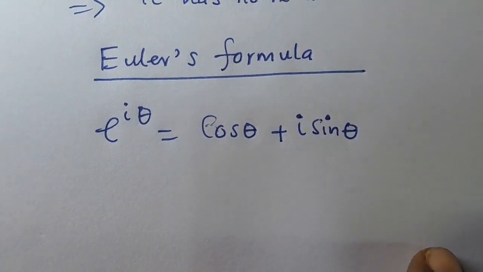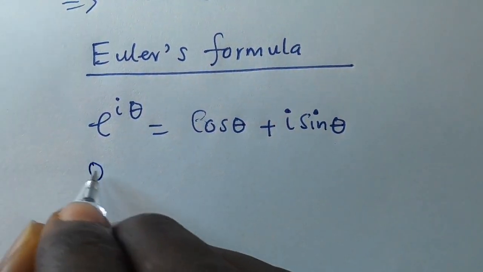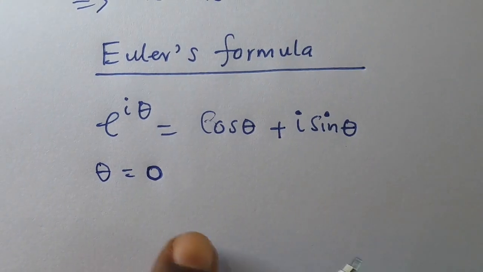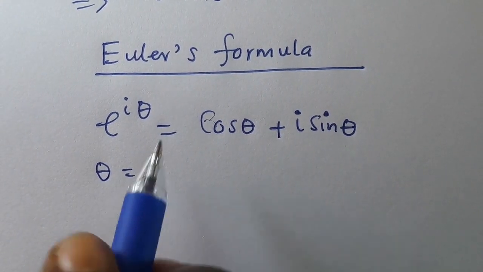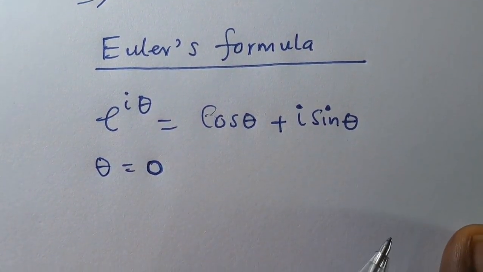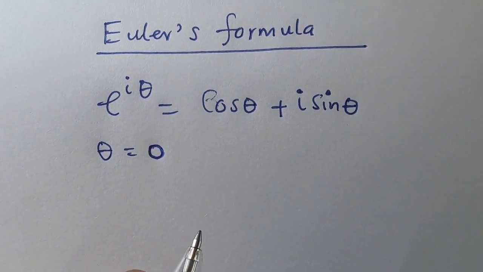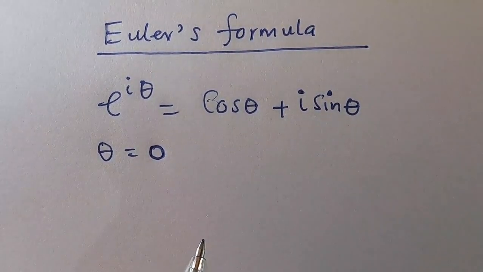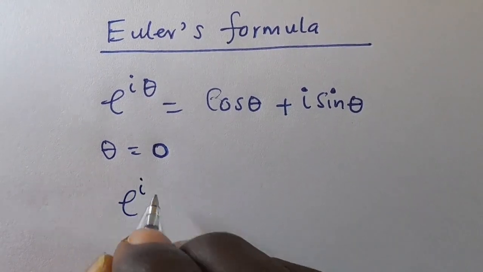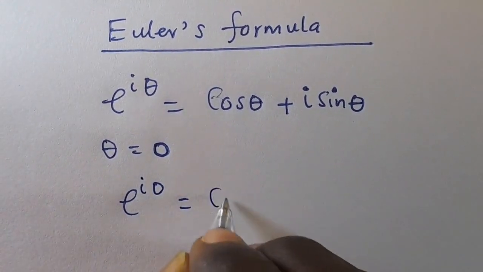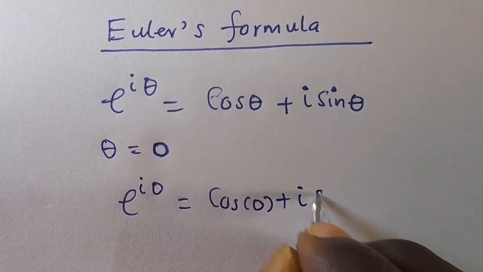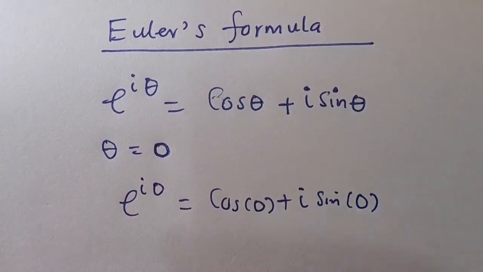Now, first, let's test when theta equals 0, to see if the left hand side and the right hand side are the same. So we have e to the power of i multiplied by 0 equals cos 0 plus i sin 0.